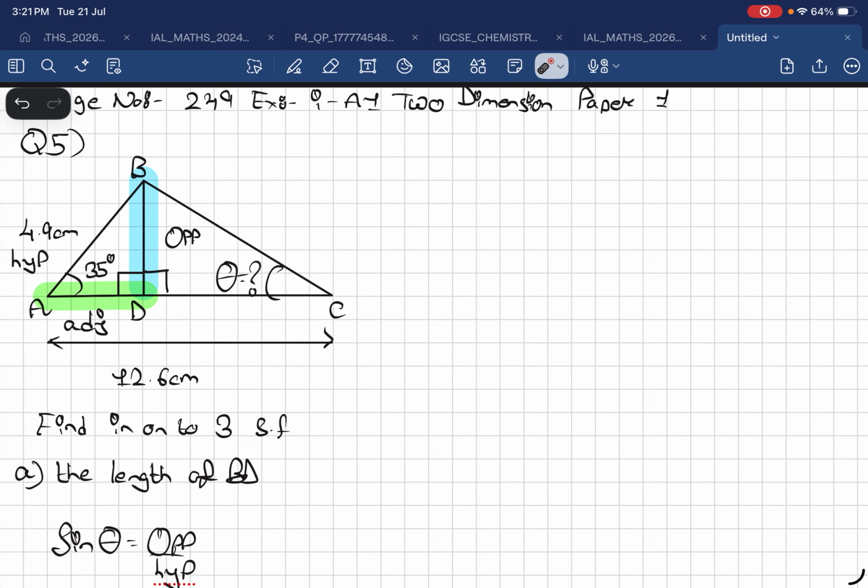You guys can ask me why didn't we apply Pythagoras theorem? Why did we apply cos theta? You can also say, what will happen to the answers? Will it be different? No.